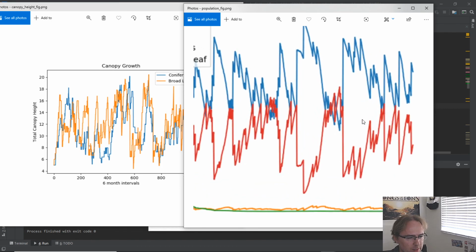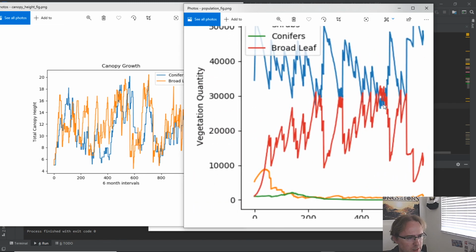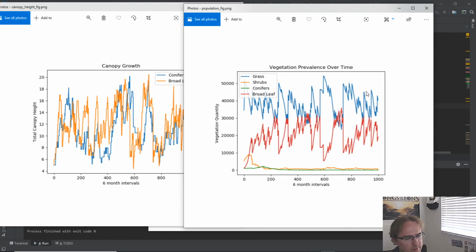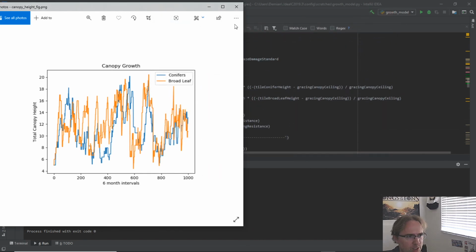Which, I mean, if you consider the time interval, yeah, and that shouldn't be happening either.